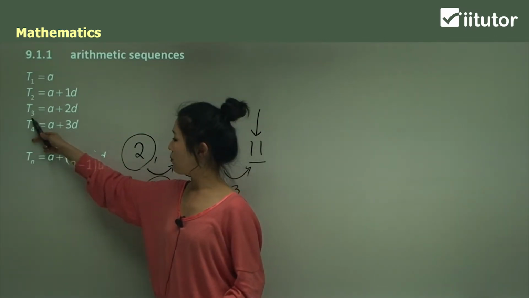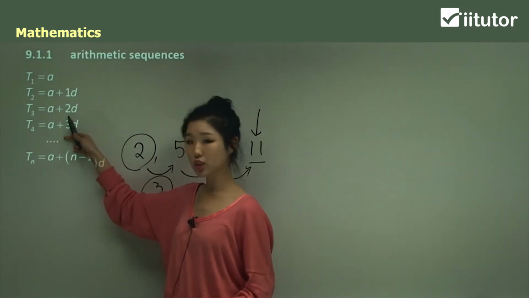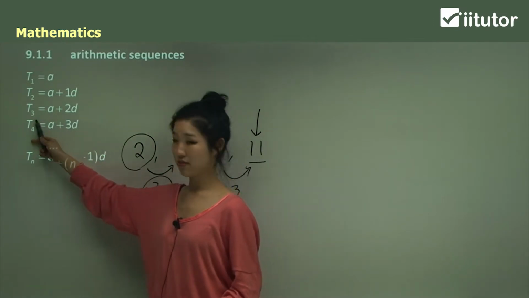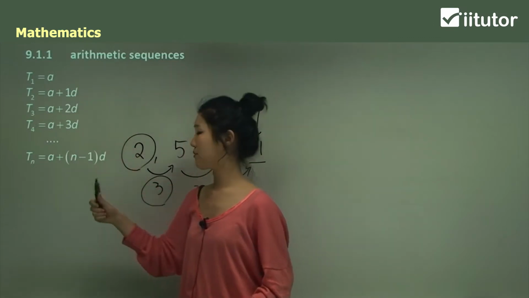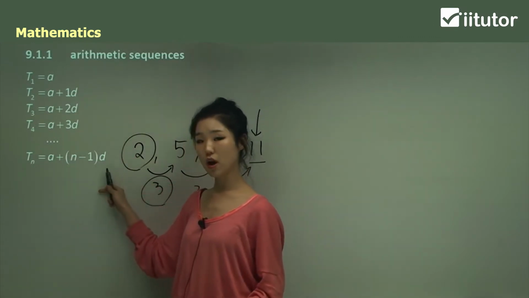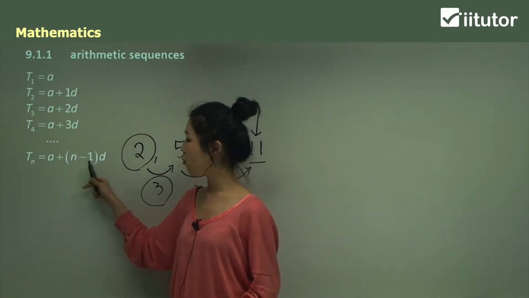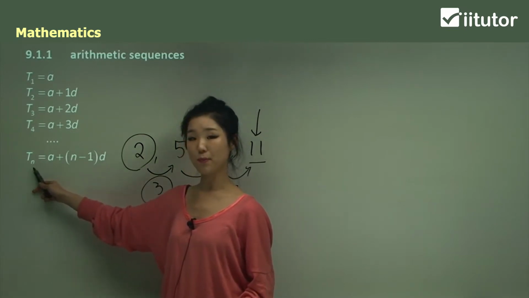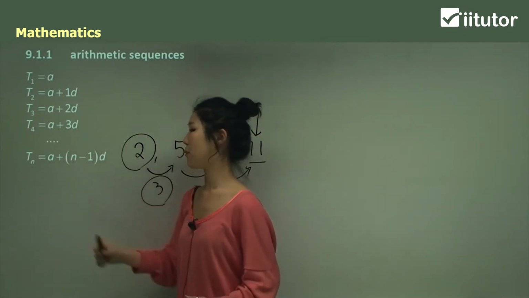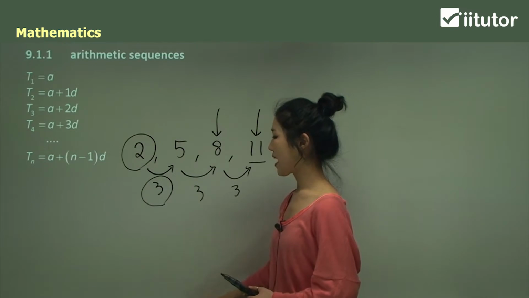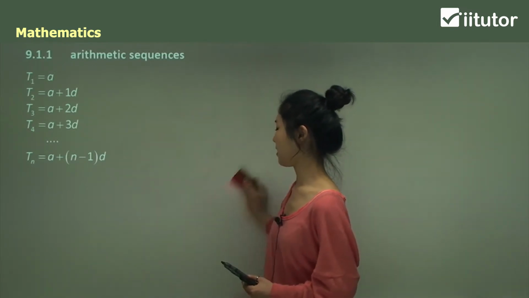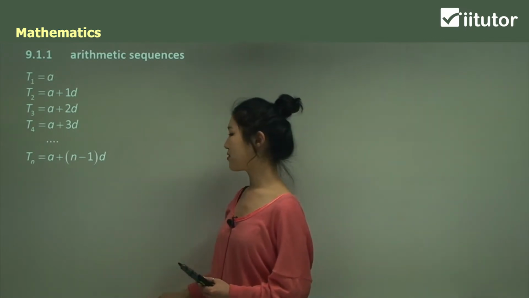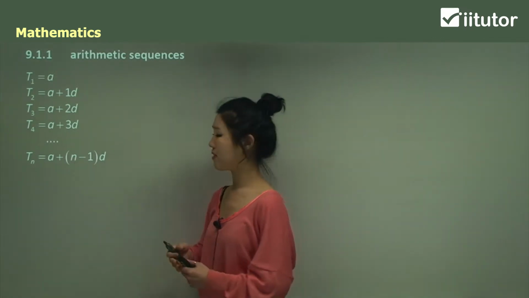And for the third term, we multiply the common difference 2 times, and 2 is 1 less than 3. And again, 1 over here is 1 less than 2. So this number that we multiply by the common difference is always going to be 1 less than that term number. That's why we come up with A, the first term, plus n minus 1 times D. This is if n can vary, so whatever n is, this is the case.